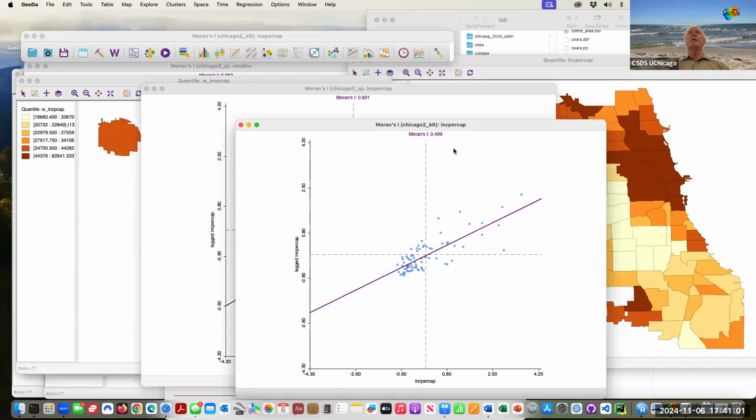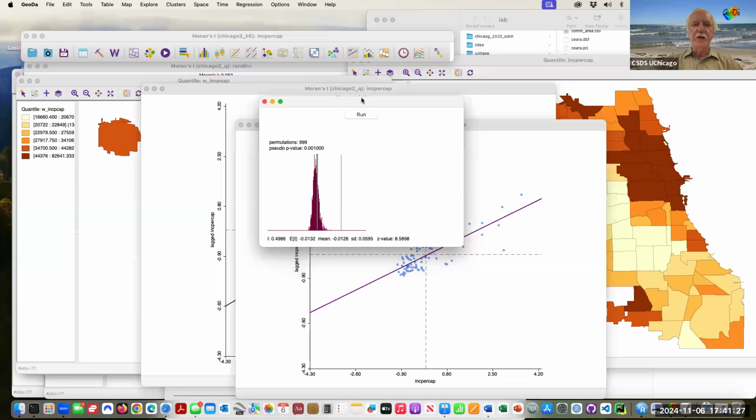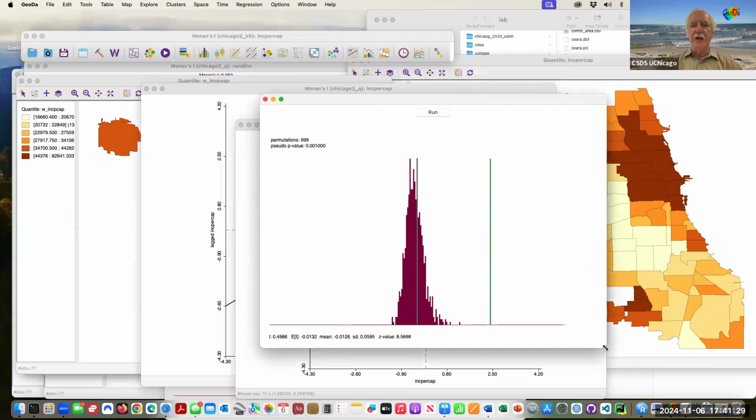Be careful. I said the correlation can only be interpreted by knowing the weights. We have two different weights. These numbers are not comparable. If you remember anything from this class, they are not comparable, okay? So what you need to do instead is go back to this randomization, and what the randomization gives you is not only this graph, which is basically the same as before, but it gives you this z value.